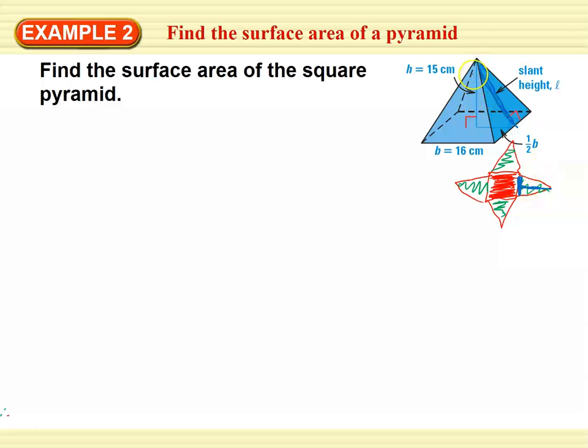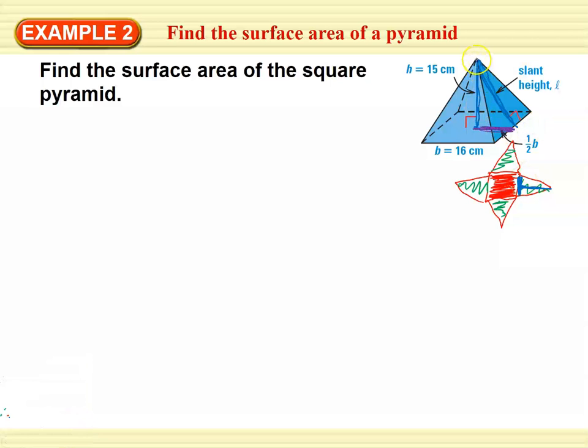But in this particular instance, I'm given the actual height from the tip of the pyramid straight down to the middle. And if you draw those, you can see that it's forming a right triangle. There's the base.